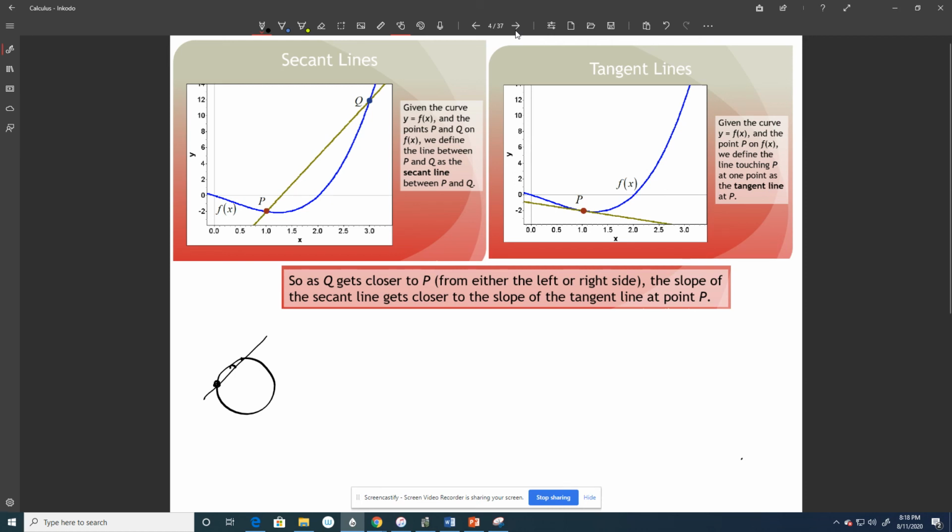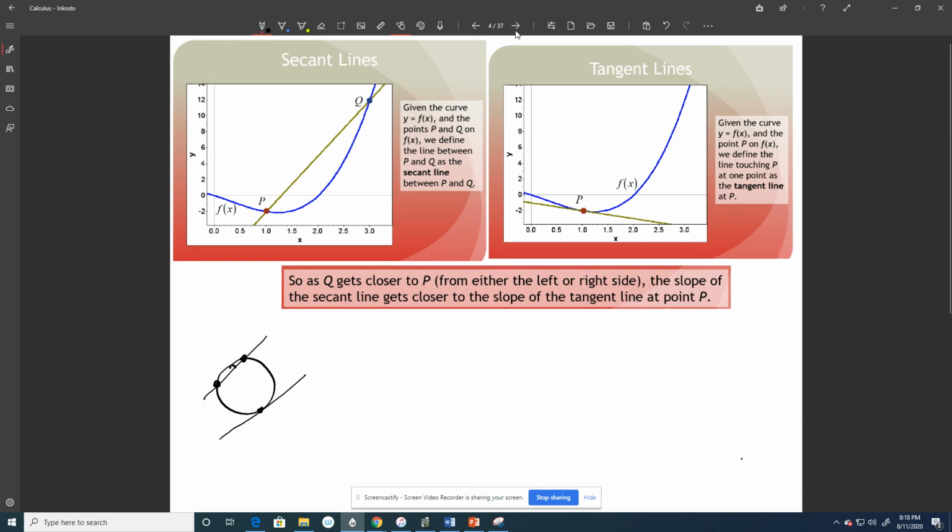It crossed the circle here and here, and that was called a secant line. Well, a secant line can also cross a graph or a function in two places, and we still call that a secant line. And similarly, a tangent line, when you learned that with circles, was a line that touched the circle in just one place.